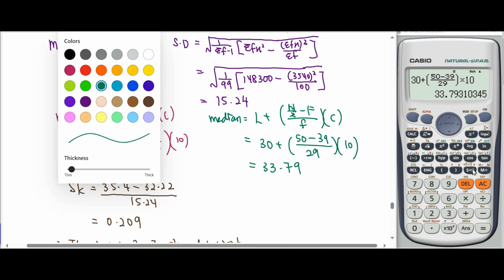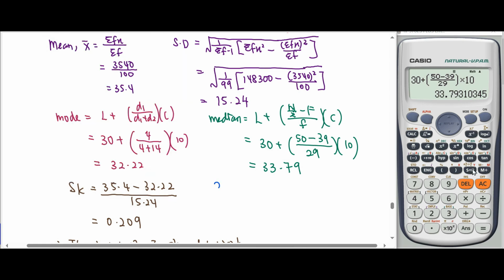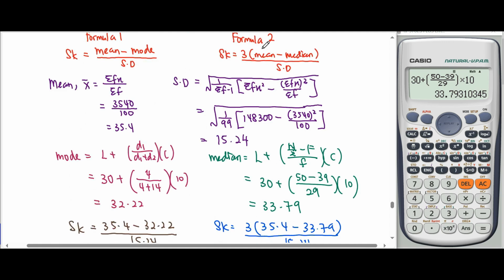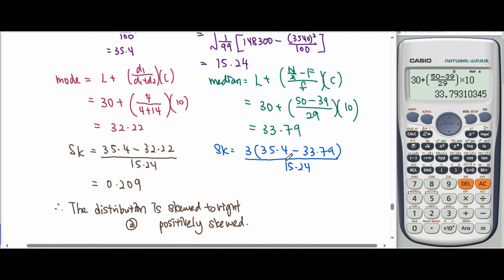So when I apply the second formula, Pearson coefficient of skewness, 3 times mean minus median over the standard deviation, 15.24. So we apply formula number 2.